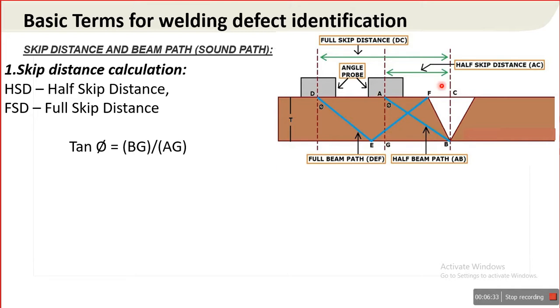If you see the terminology, BG represents half skip distance of inspection, and this AG represents thickness of component.